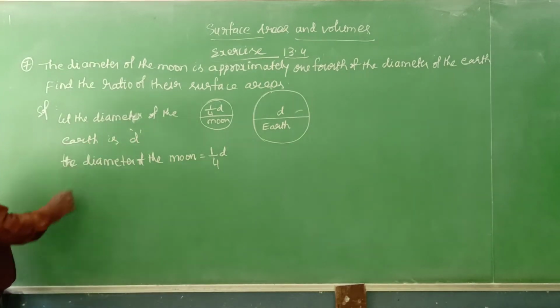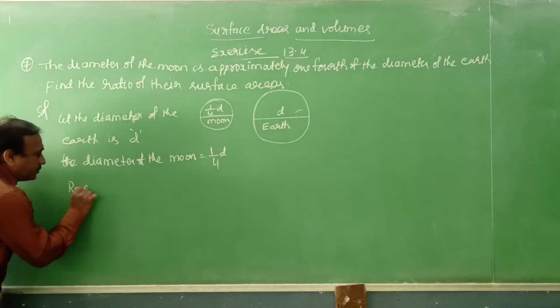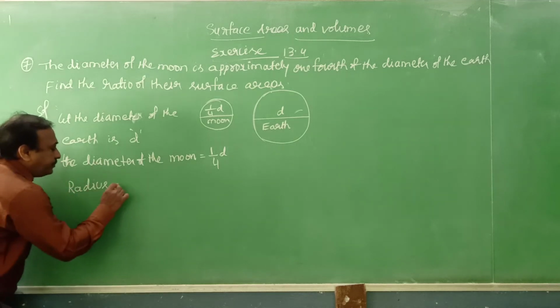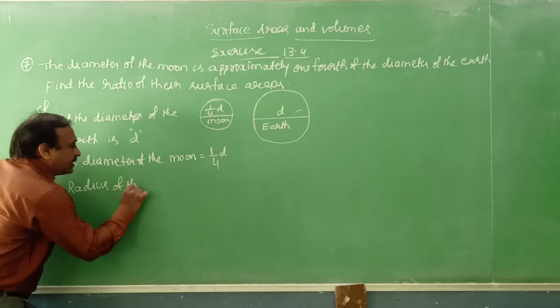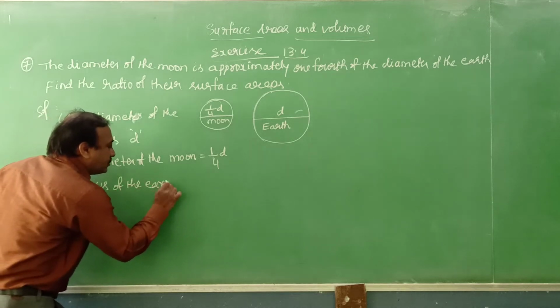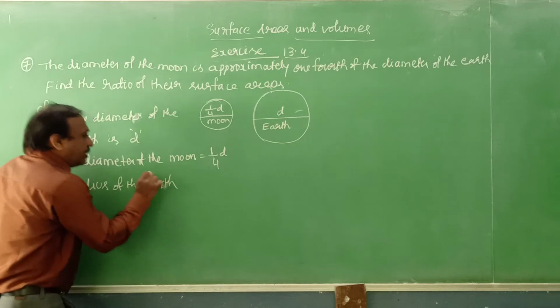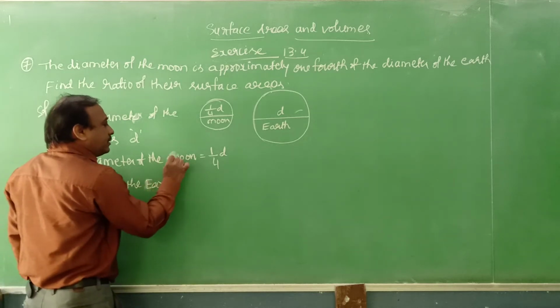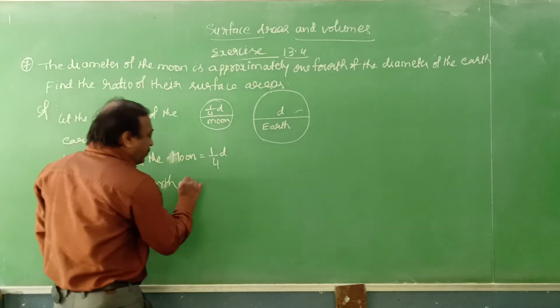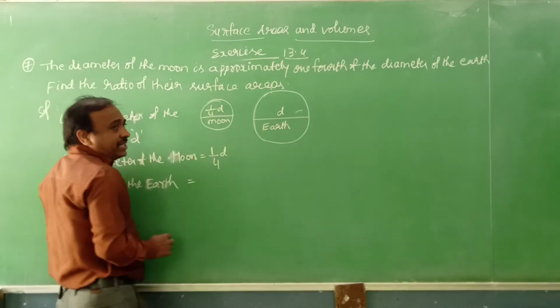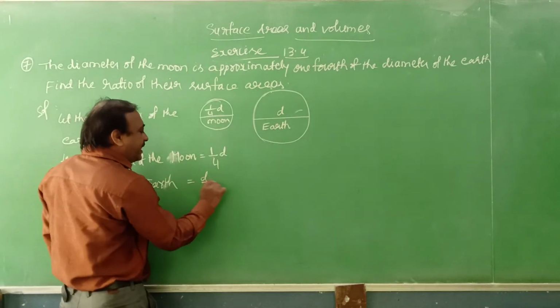Next, the radius of the earth: d is the diameter, radius is half of it, so d by 2.